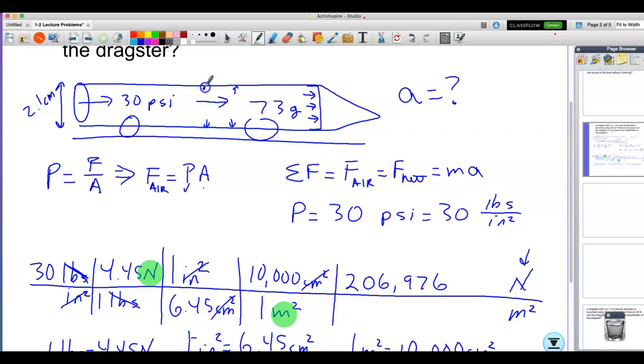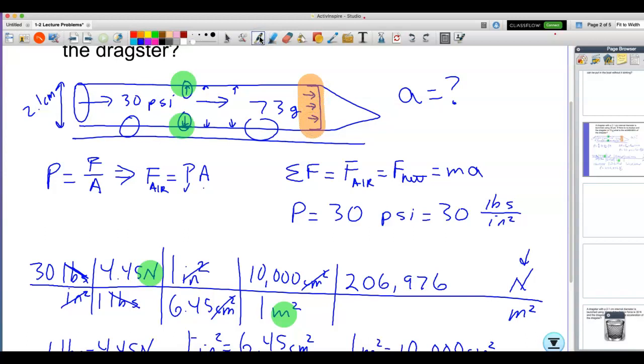So we have all this pressure pushing on the outside. But this one and this one, let's just look at those for instance. If we have an area here and an area here, those generate the same forces. So those forces cancel. So the only place we're going to get a force that will push the dragster forward is from that cap. It's from the area of the cap.